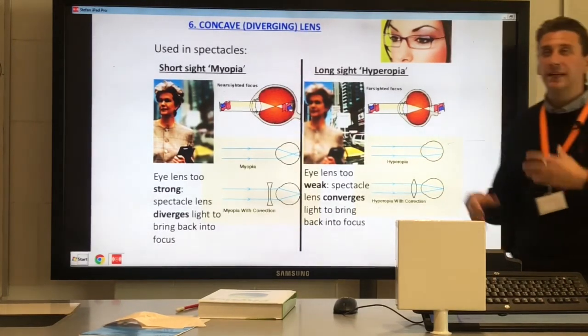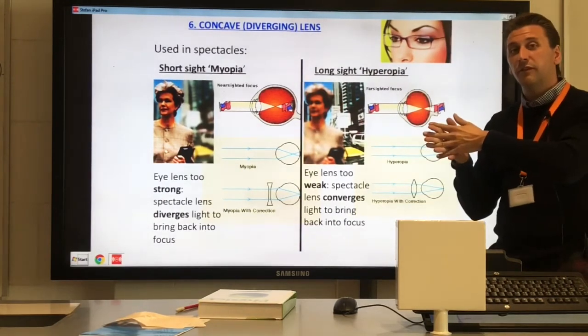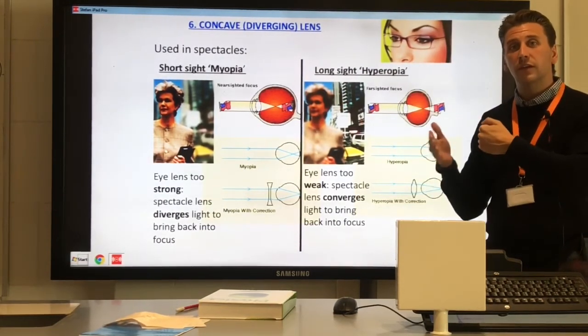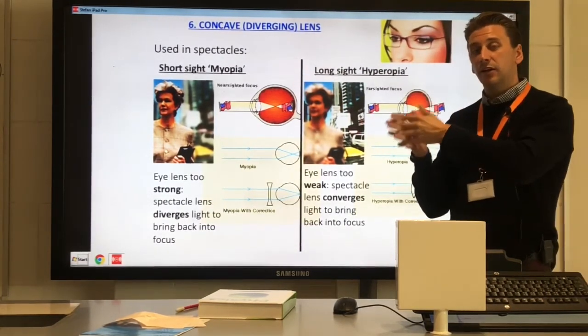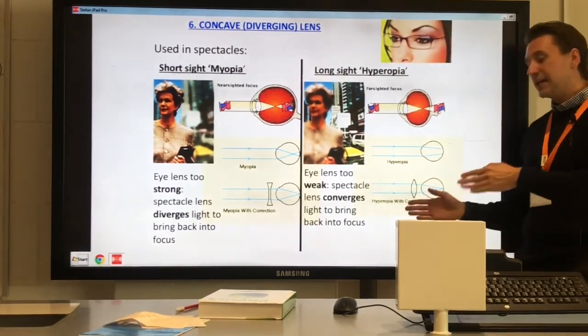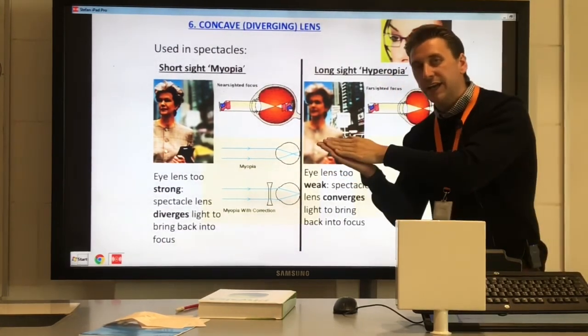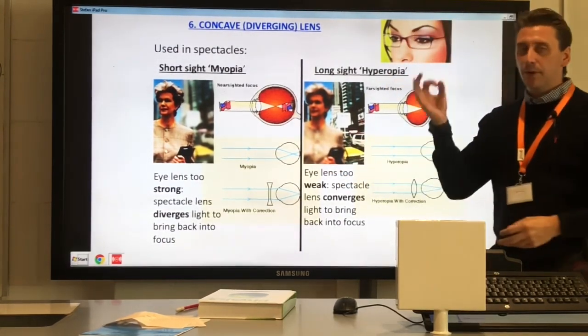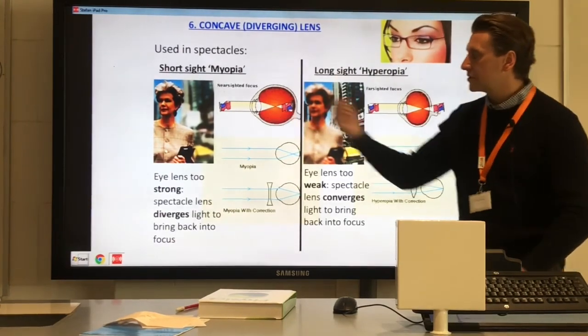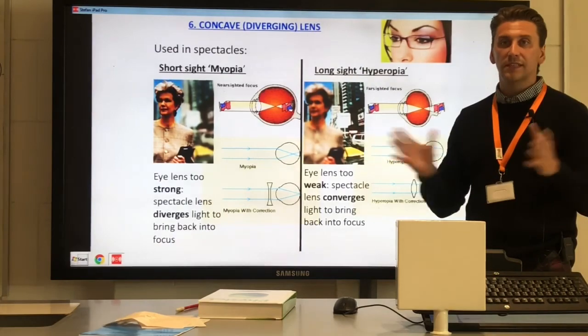Now how can we get the light that's refracting behind the retina to come further forward, so reduce the focal length and bring that light together closer? We use a convex lens, so when the light comes in, it brings it closer together just before the eye, and then the eye brings it closer together again, perfectly at the retina, okay? So that's short-sightedness, and this is long-sightedness, and that essentially is the whole of 5C and lenses.